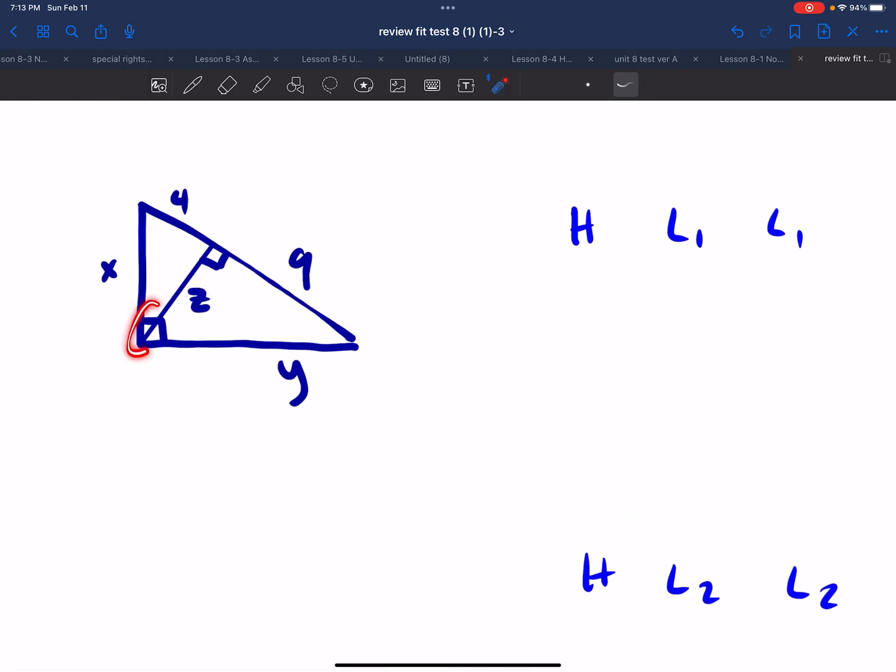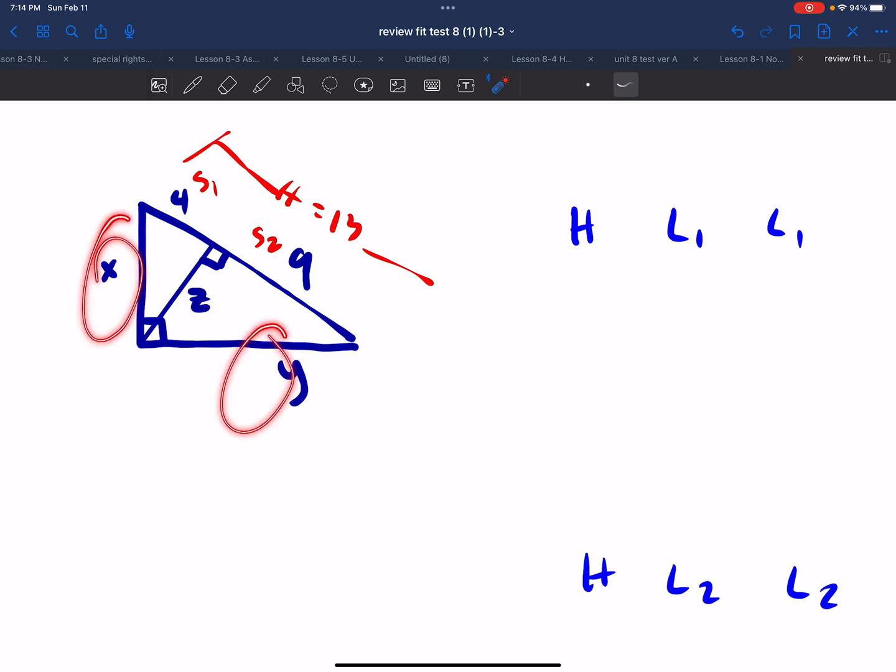Remember, across from the 90-degree angle, you got yourself a hypotenuse. And how long is the hypotenuse? Well, if I do part plus part equals whole, 4 plus 9, that's 13. Your hypotenuse is 13. And then you have a part plus part that's going to constitute that hypotenuse there. So this is segment 1, segment 2, and then the sides that are not the hypotenuse, we call them the legs. So leg 1, leg 2.